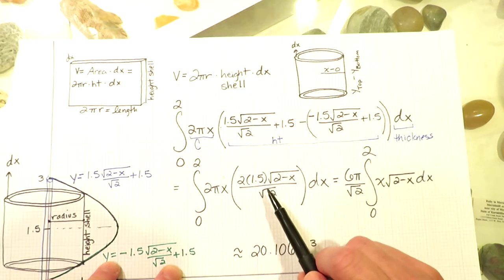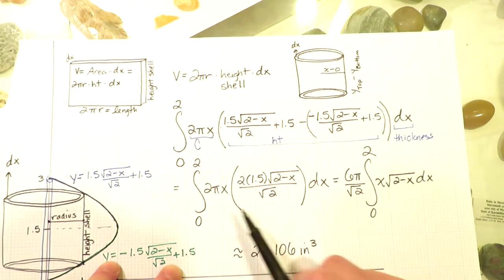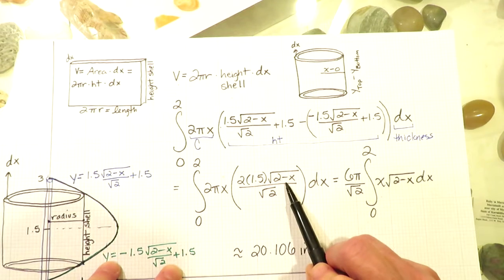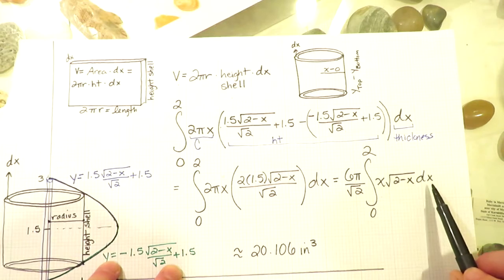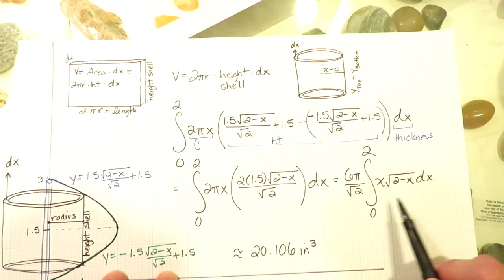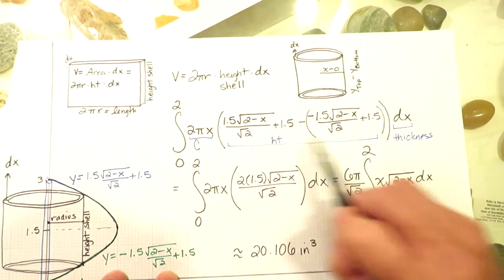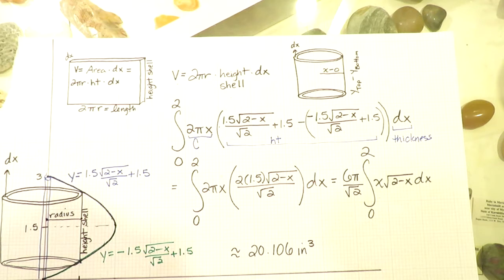So I factored out all the constant multiples, and then I'm left with x times the square root of 2 minus x, and then dx. So the area under this curve is equivalent numerically to the volume I'm trying to find, not in terms of units, but in terms of the value.